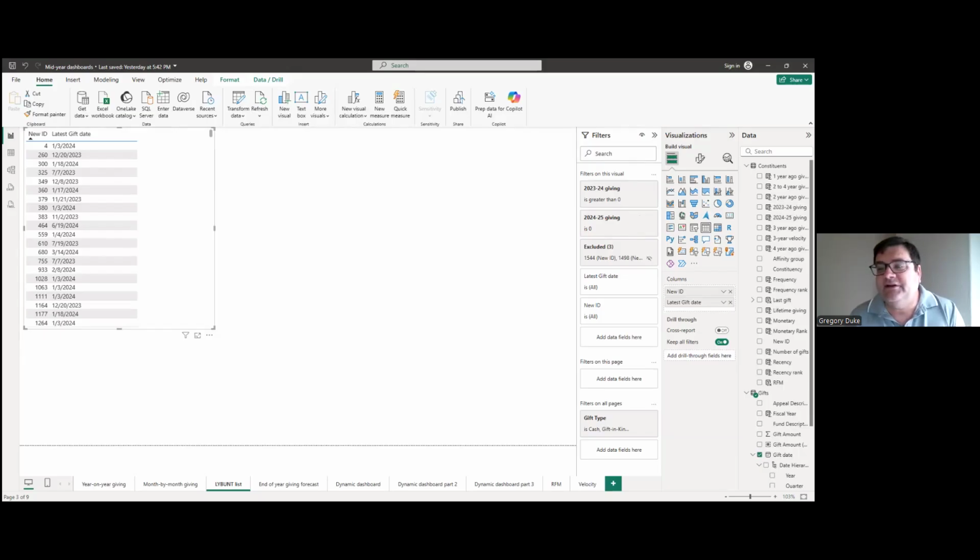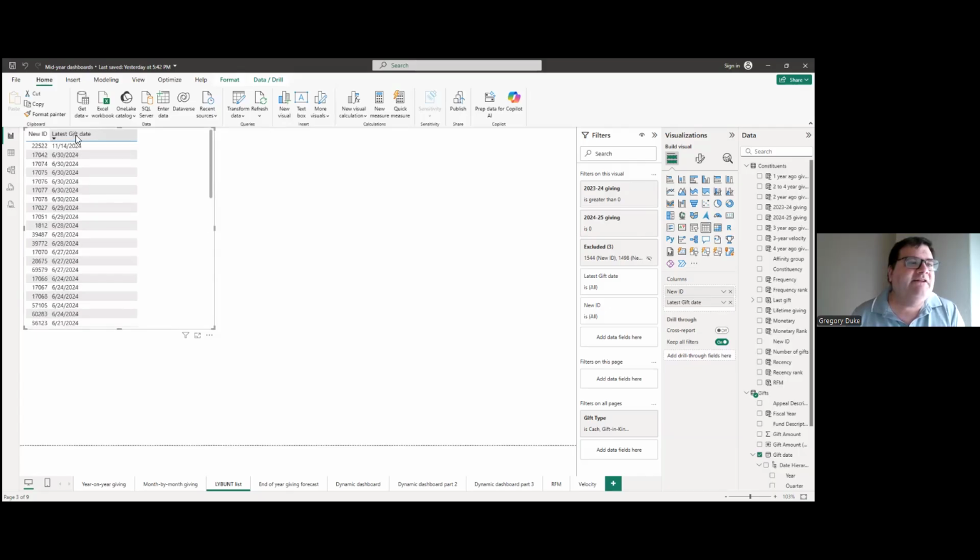So what I've pulled in are the ID and the latest gift date for that person. That's obviously the gift they made in 2023, 2024.